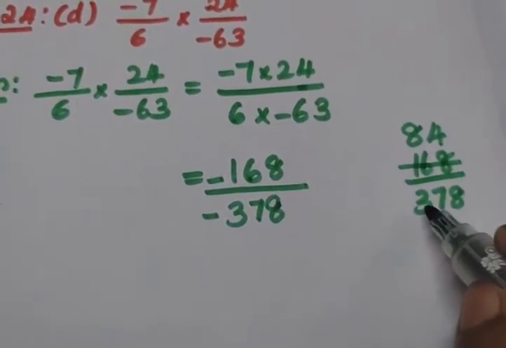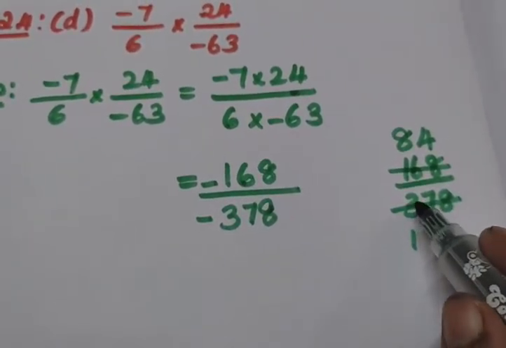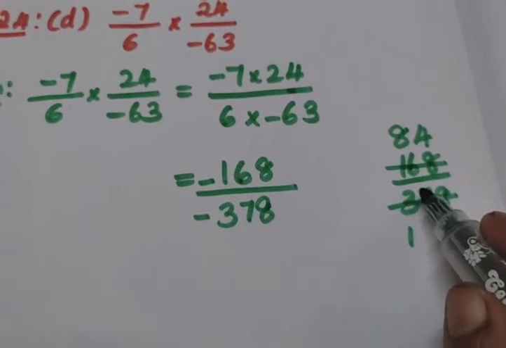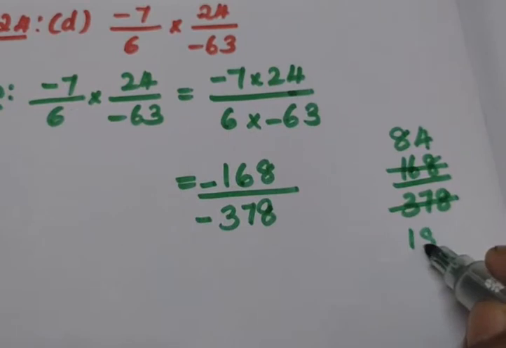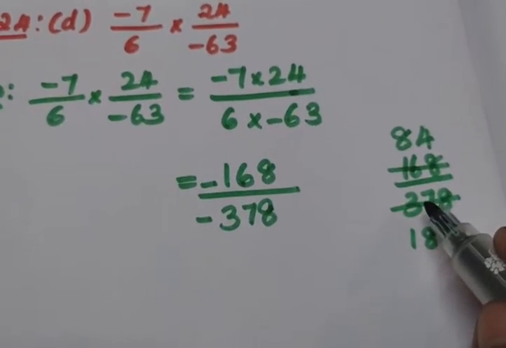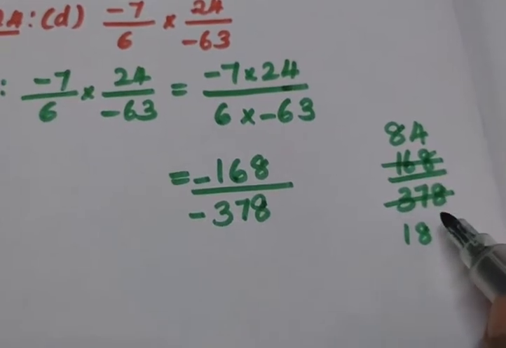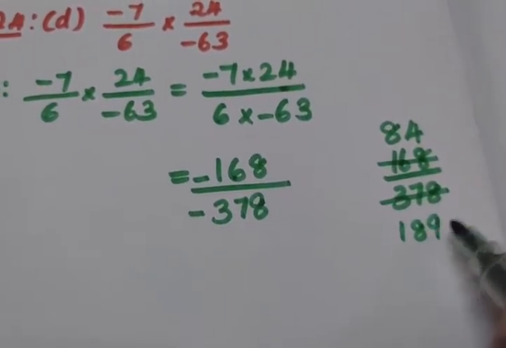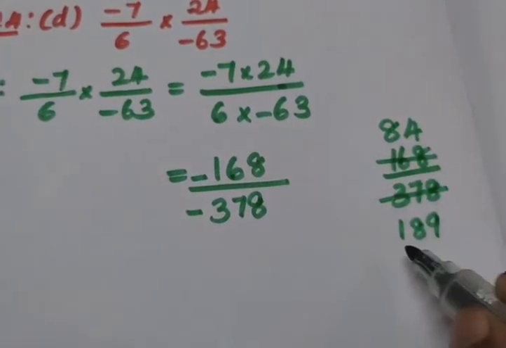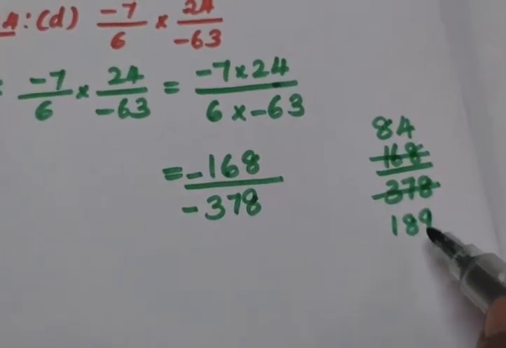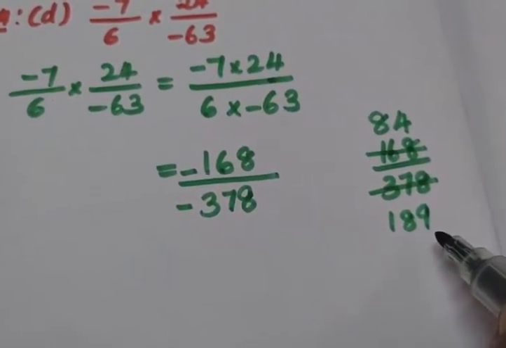Here also we can divide by 2. 1 2 is 2, 3 minus 2 is 1, so that 1 and this 7 becomes 17. 8 2's are 16, 17 minus 16 is 1, that 1 and this 8 becomes 18. 9 2's are 18. So now 84 over 189. 189 is an odd number, so it's not divisible by 2.